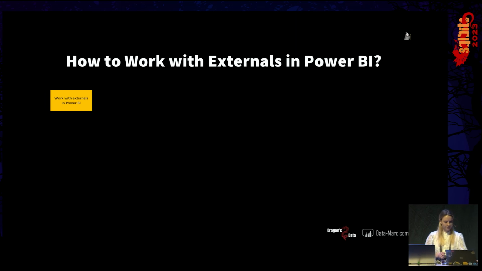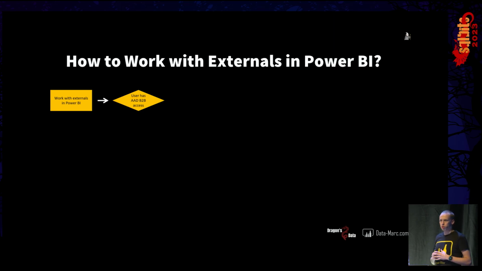So let's have a look at what the flow of steps looks like when we want to work with externals in Power BI. As a very first thing, the starting point is, hey, I want to start collaborating with these externals. And the first question we should ask ourselves is, does this user already have an Azure Active Directory B2B account with access?